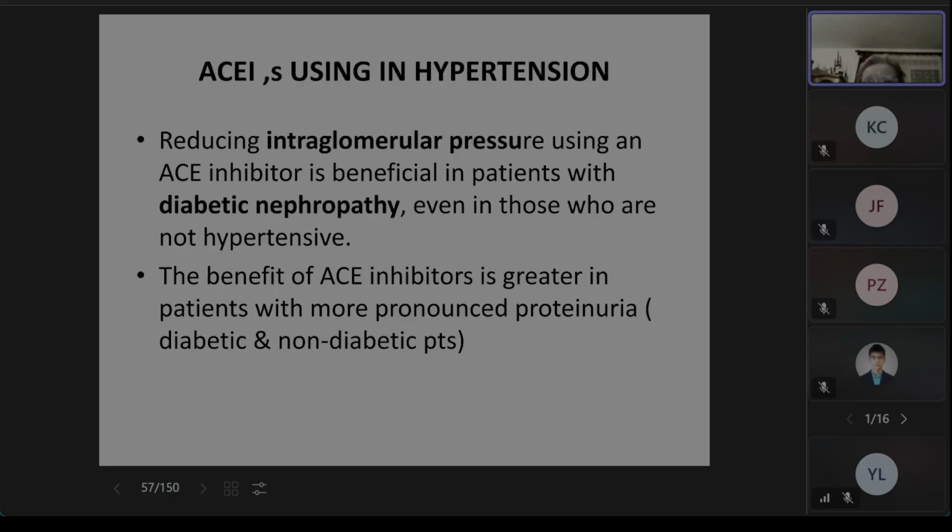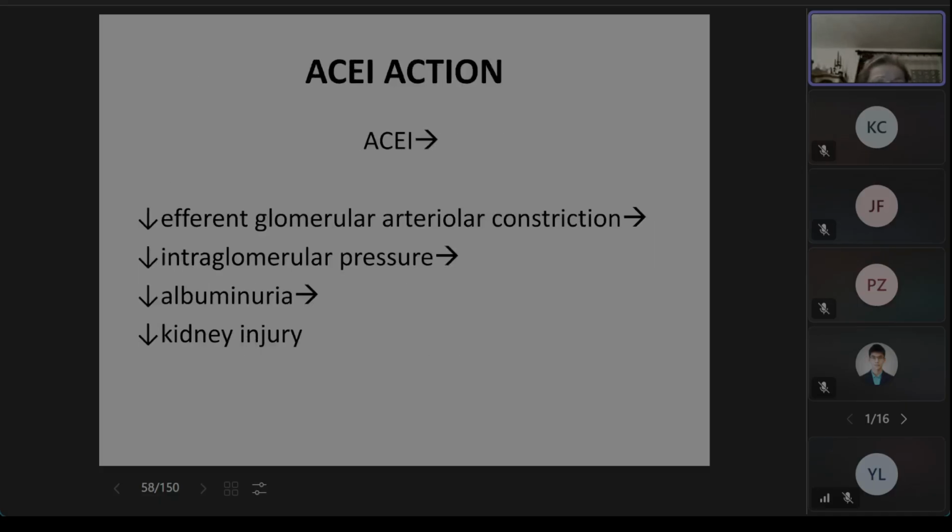Cardioprotective action is primarily described as stopping, or maybe not stopping but at least reducing, fibrosis and remodeling of the left ventricular region.